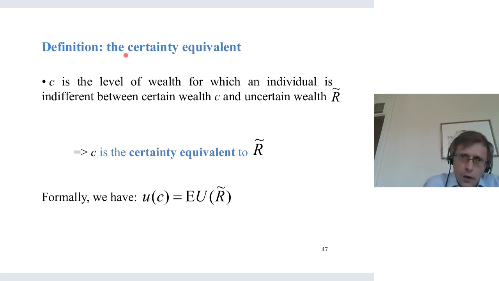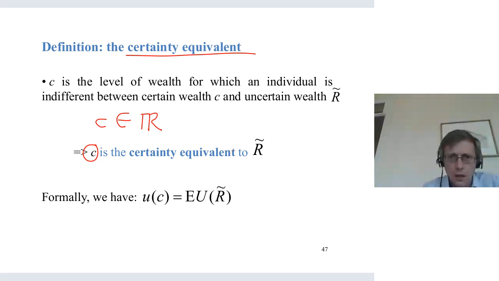So what is called the certainty equivalent? Well, this is a number, let's say, small c, which belongs to R, and which is such that as an individual, I am indifferent between receiving c with probability equal to 1 or playing, let's say, a lottery.